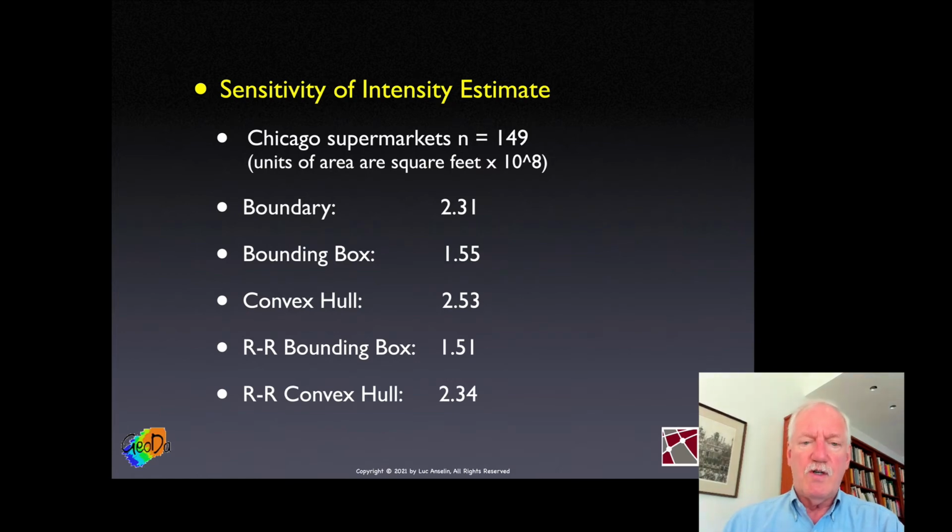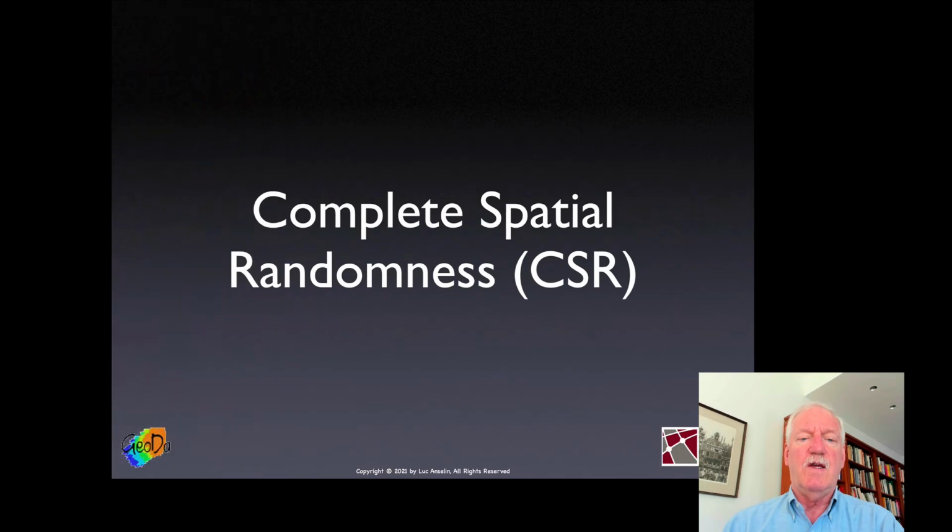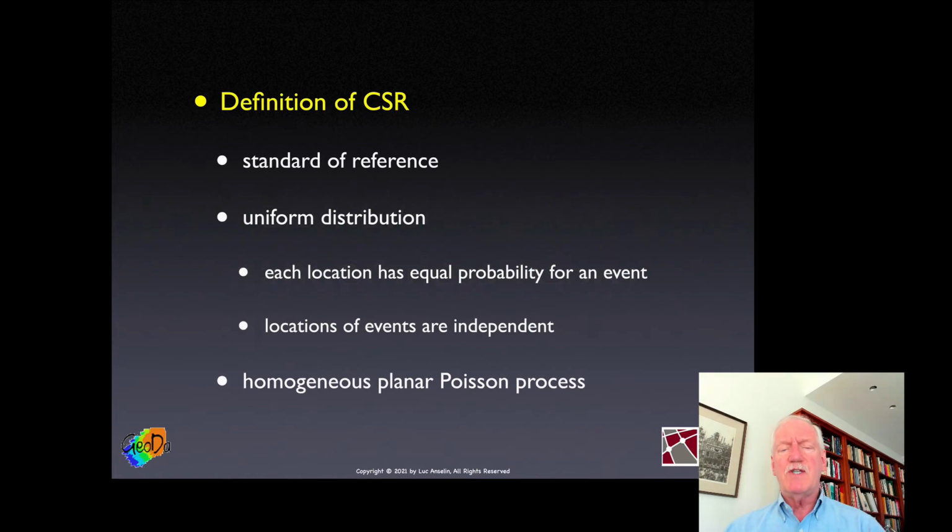So this is the notion of average intensity, and that has direct consequences for how we formalize the concept of complete spatial randomness. But as I mentioned earlier, complete spatial randomness in and of itself is not that interesting because it's not a very realistic process, but it's a great standard of reference.